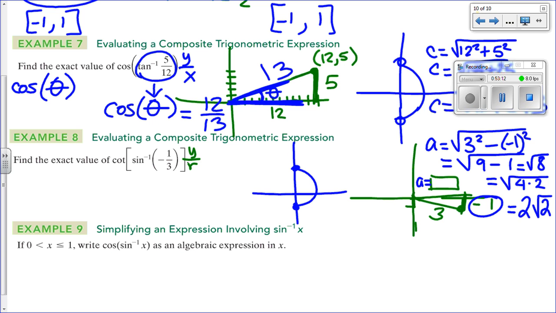So that's the number that I need here. Okay. Then pick a letter for the angle. M. Okay.